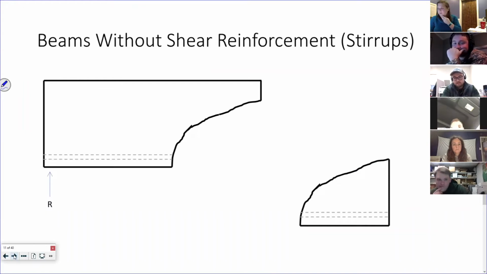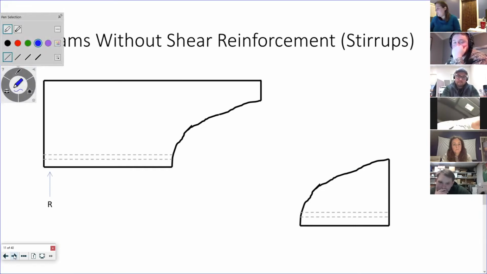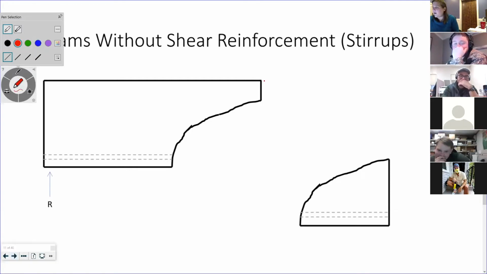So I'm going to look at my shear crack. And let's see, up at the top, I have VCY.